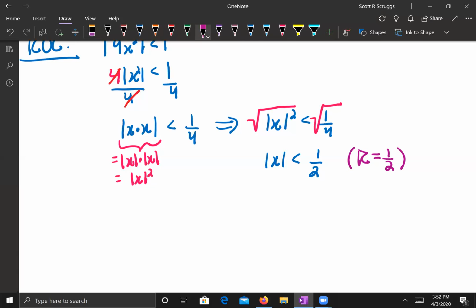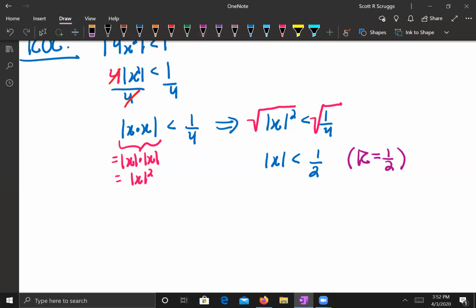So you're talking about dropping the absolute value? I'm guessing that's what you mean, yep. So I can't drop the absolute value yet, mainly because I take the square root of the absolute value of x squared.